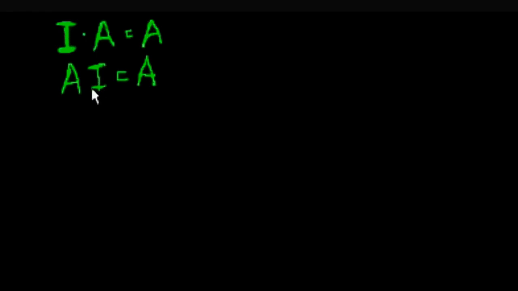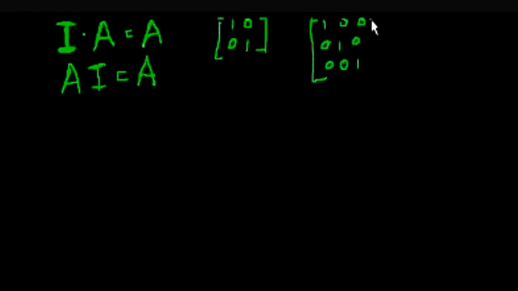Now what does this matrix actually look like? It's actually pretty simple. If we have a 2 by 2 matrix, the identity matrix is 1, 0, 0, 1. If you want 3 by 3, it's 1, 0, 0, 0, 1, 0, 0, 0, 1. I think you see the pattern.